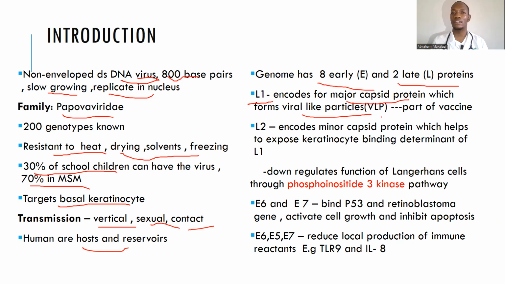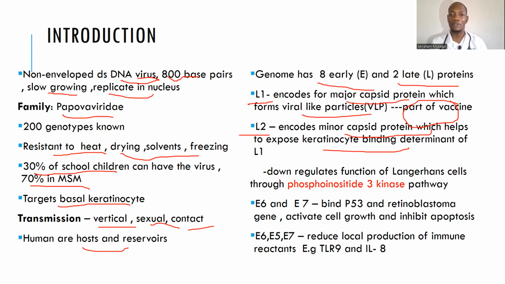This is very key because it forms part of the vaccine that is currently available. The vaccine is generated from the virus-like particles made from this L1 protein. Then the L2 gene encodes the minor capsid protein.